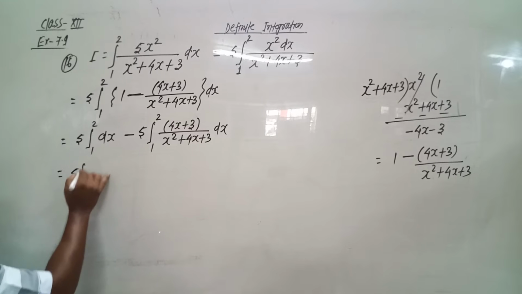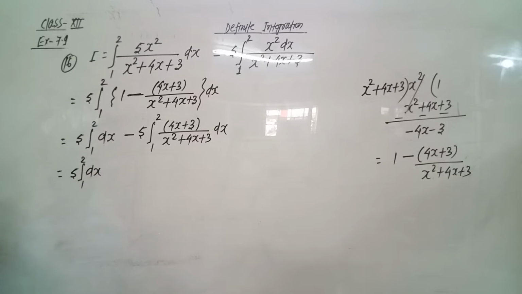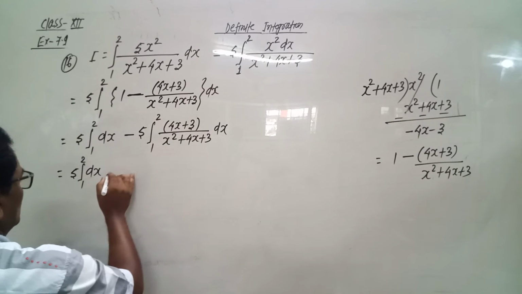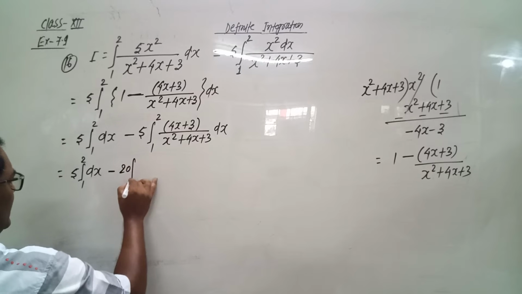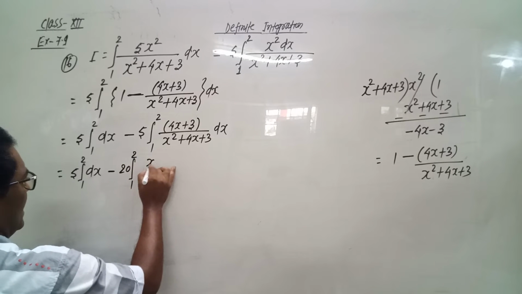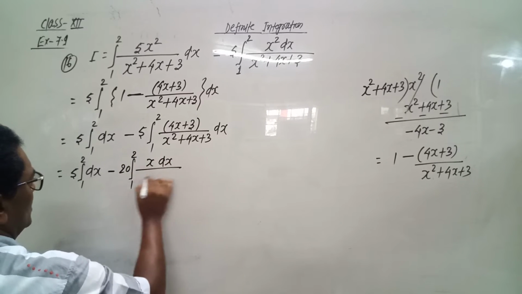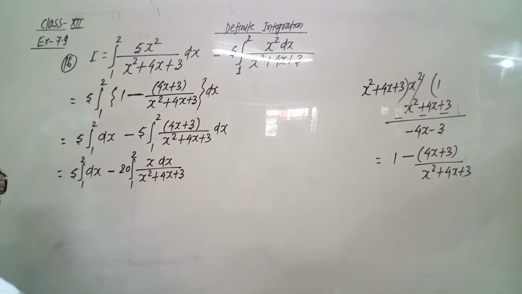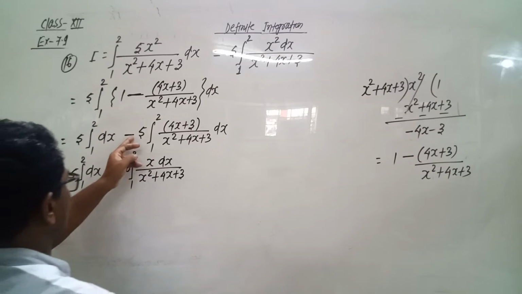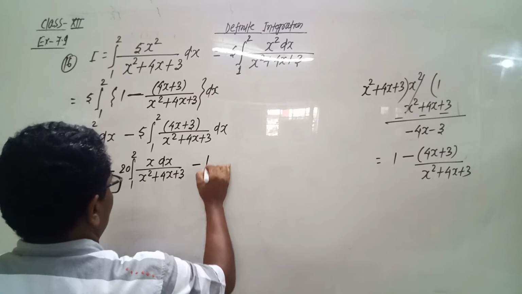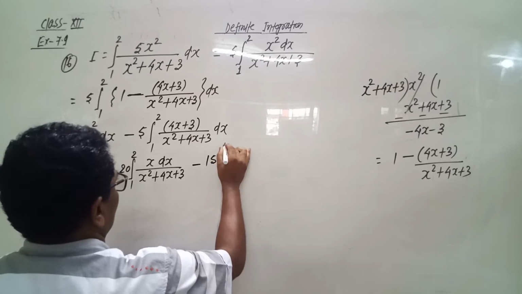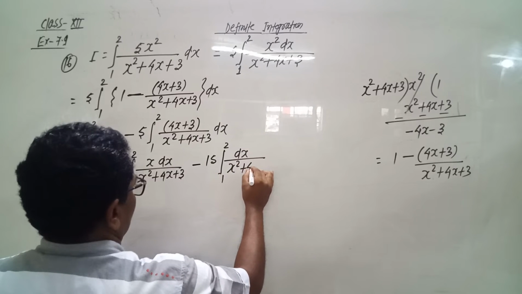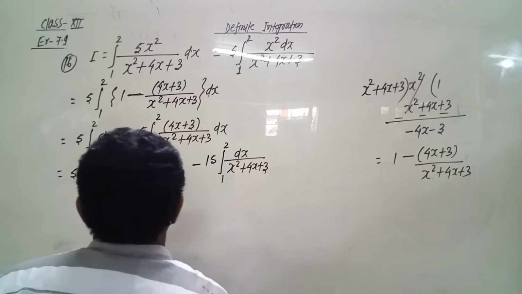These two terms will also be separated: minus 5 into 4, minus 20 integration 1 to 2, x dx upon x square plus 4x plus 3, and then minus 5 into 3, 15 integration 1 to 2, dx upon x square plus 4x plus 3.